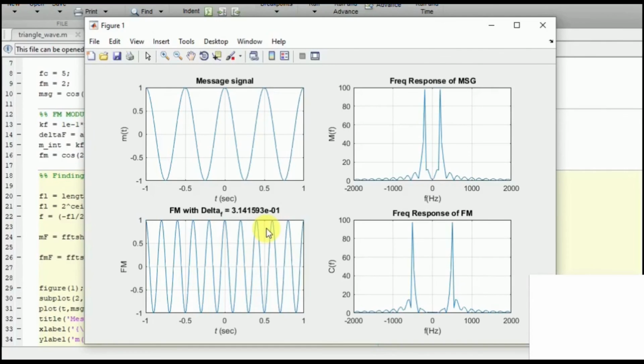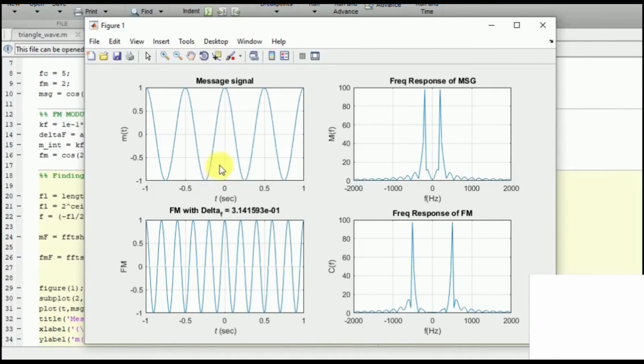An important parameter here is that since it's narrowband, we have set the sensitivity parameter to be very small, and since it is small, the actual deviation from the carrier frequency is not very prevalent, so we cannot really observe it directly. Even at a higher amplitude, the change in frequency is not very visible to the naked eye.